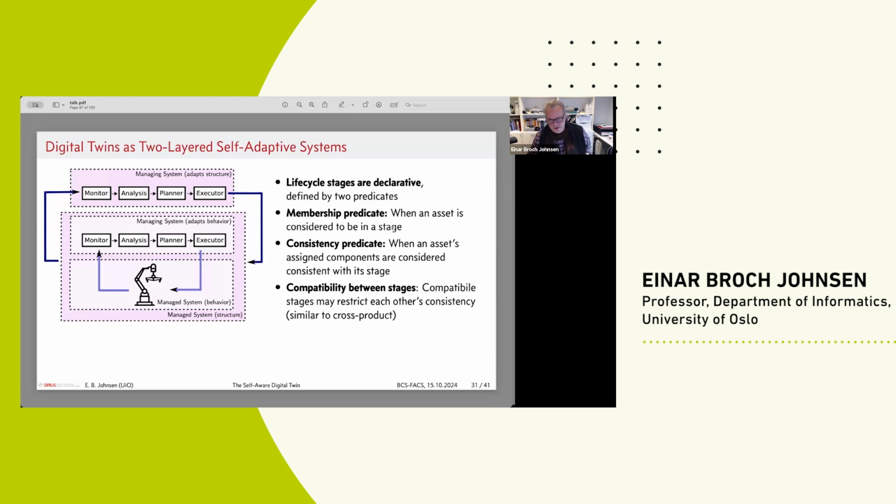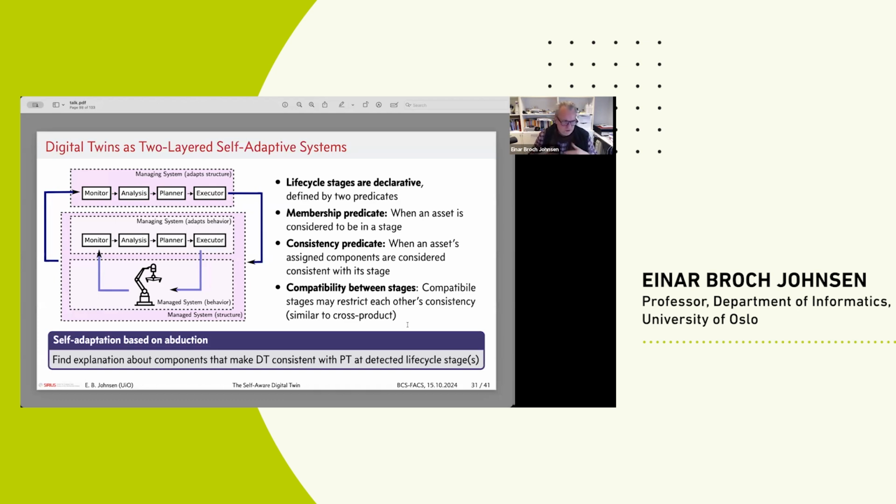So these are the 2 predicates that we are working with. And we are saying that different life cycle stages are compatible if one stage may restrict the consistency of another one, but it should still have a solution. And this is something we can actually check by using the knowledge graph. So we can check that these solutions exist.